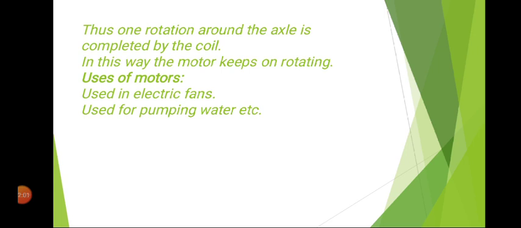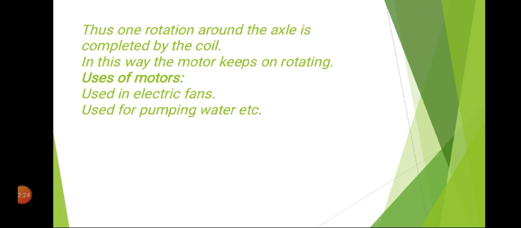When the force is in the reverse direction, the direction of current in the armature will also be reversed. Now the strength of the motor depends on the strength of the magnetic field, the number of turns in the coil, and the magnitude of current.